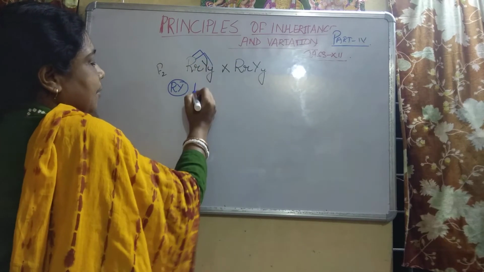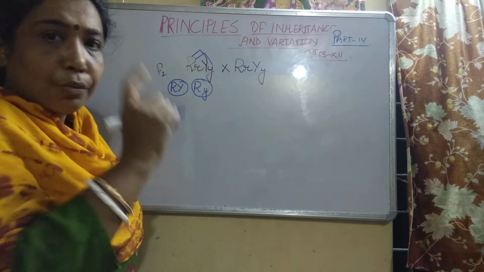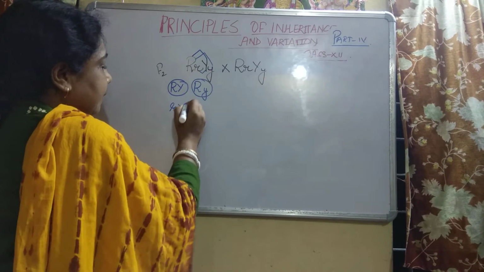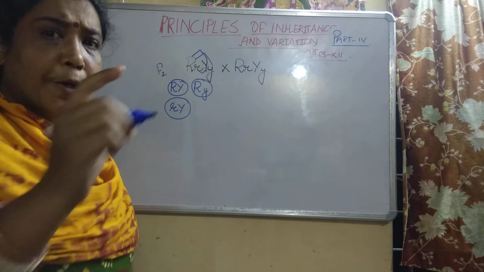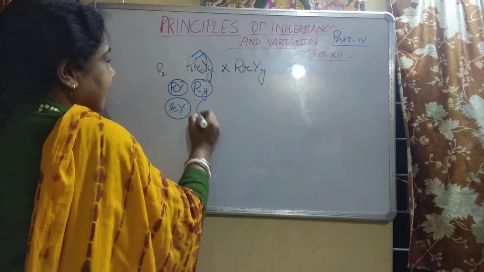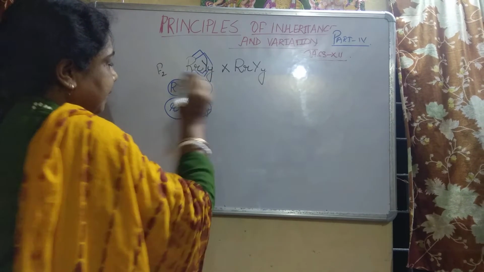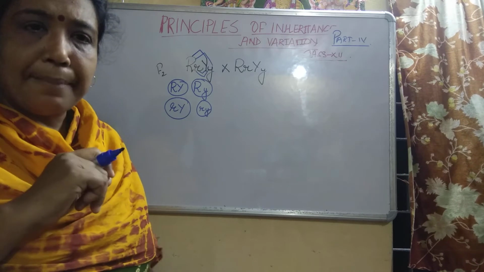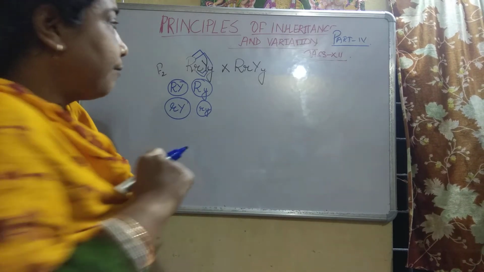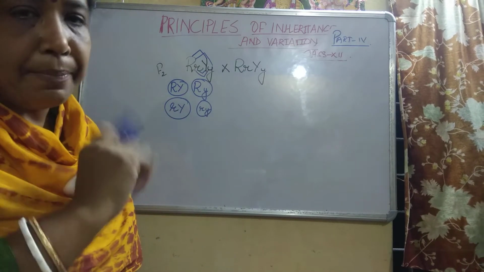That it could have this one with small r. Possibilities means they should be different. Now what is the other possibility? You just see, this is the other possibility. So how many types of gametes were formed? 4 different types of gametes. The same will be formed in the other parent also.